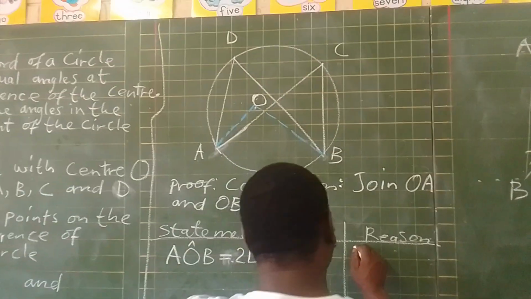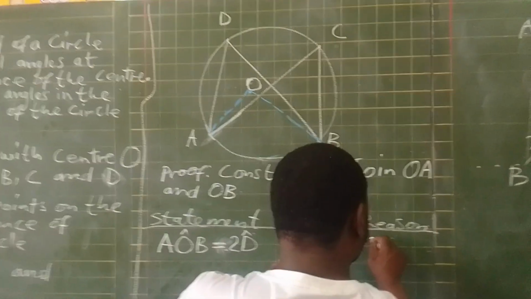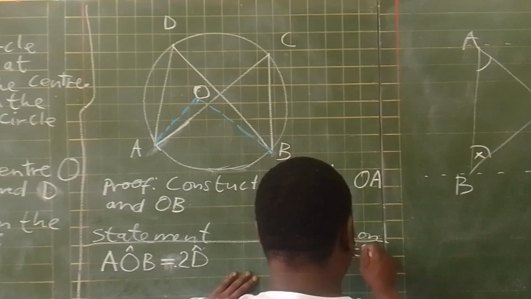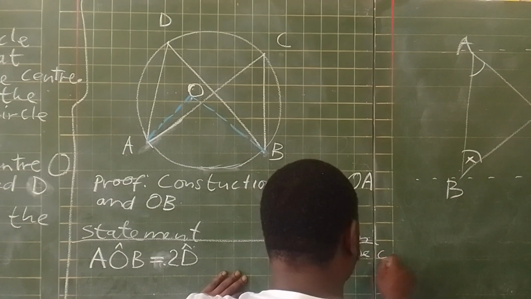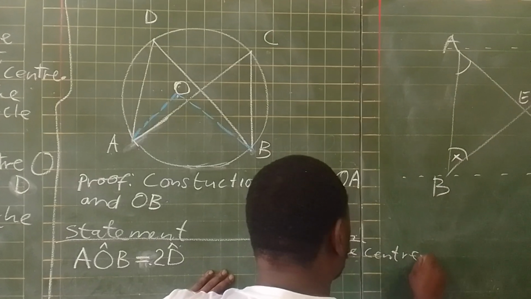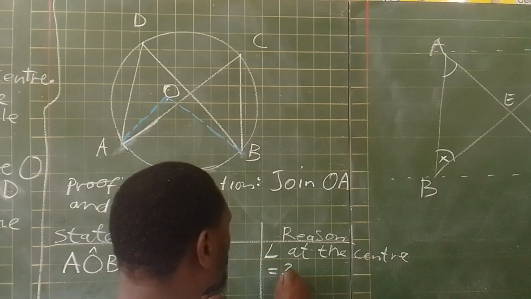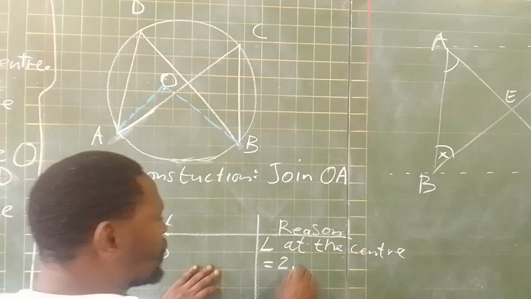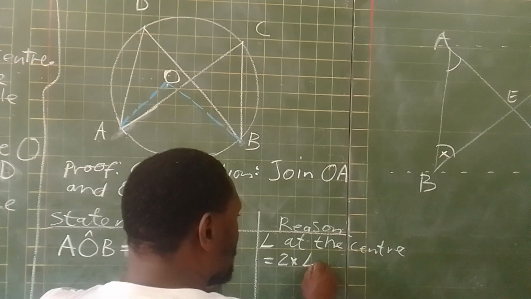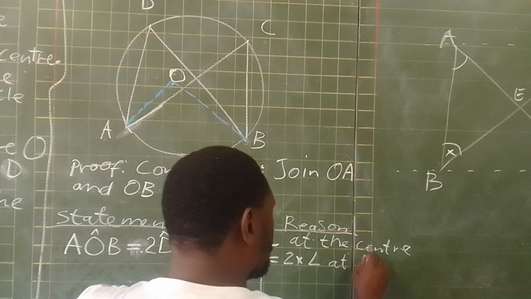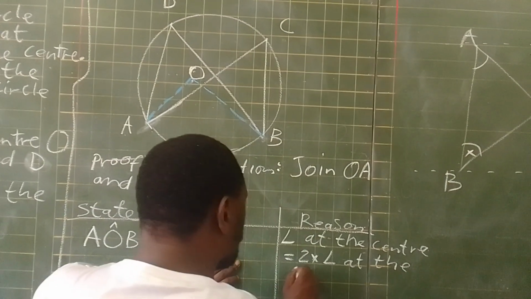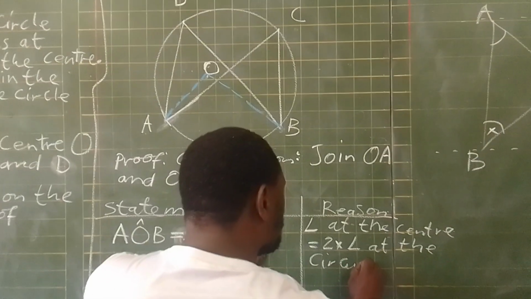This is your reason: angle at the center equals 2 times the angle at the circumference.